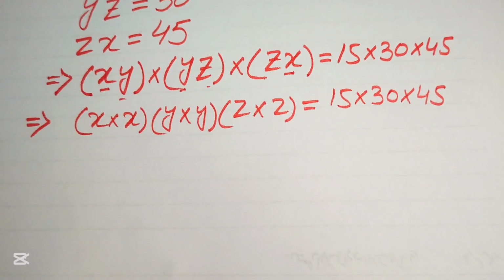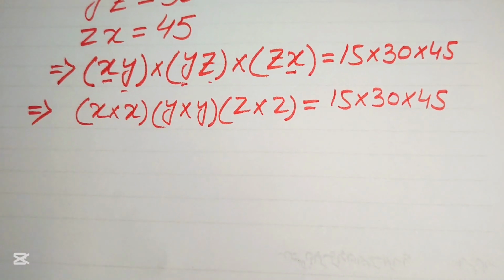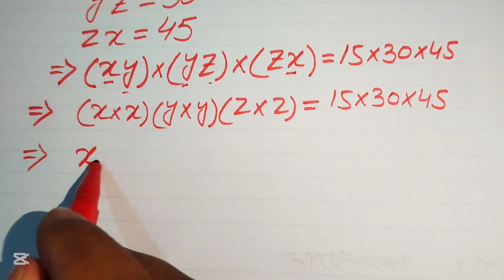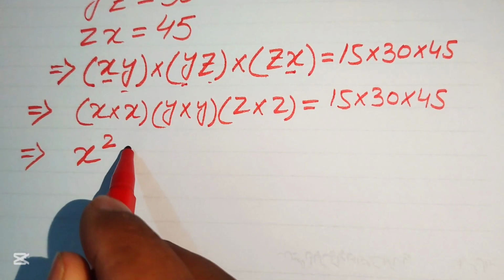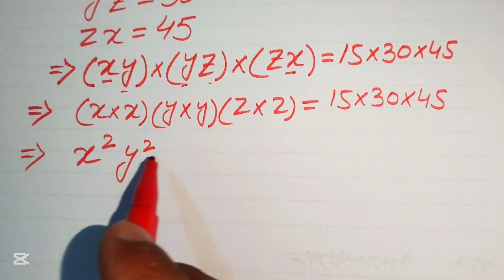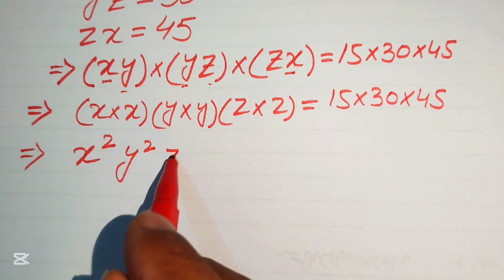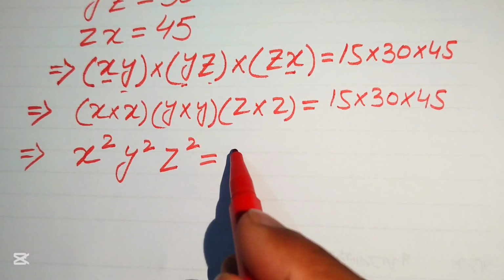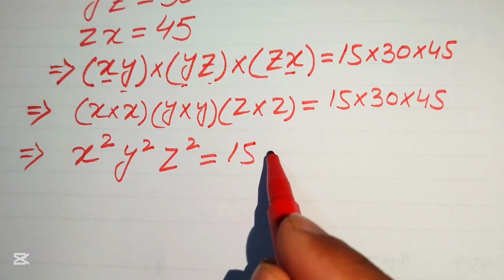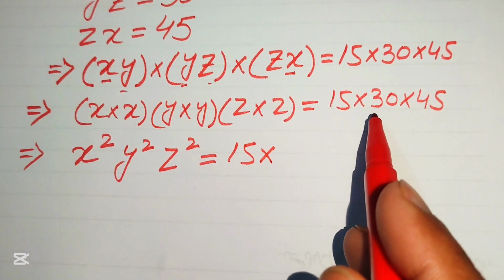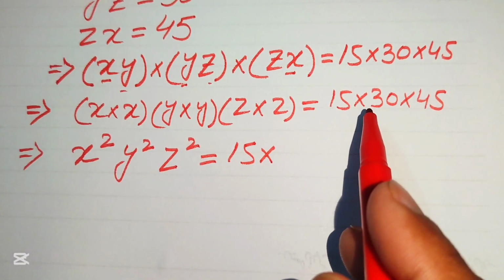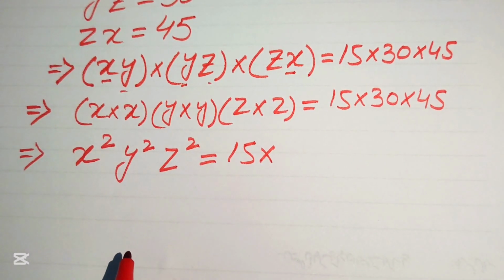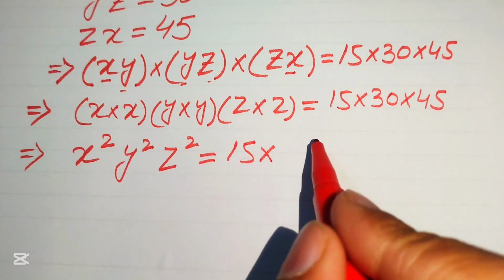Okay. So in the next step we multiply x with x, and it will be written as x square, y with y is y square, z times z is written as z square, and it equals 15 multiplied by 30, and now we write this 30 in the form 15 times 2.